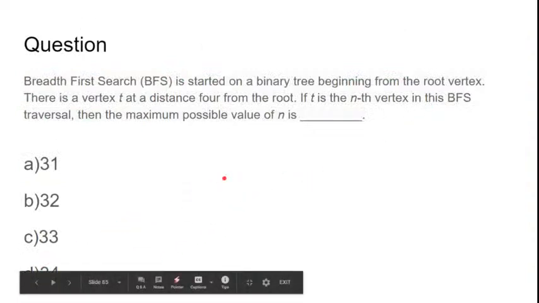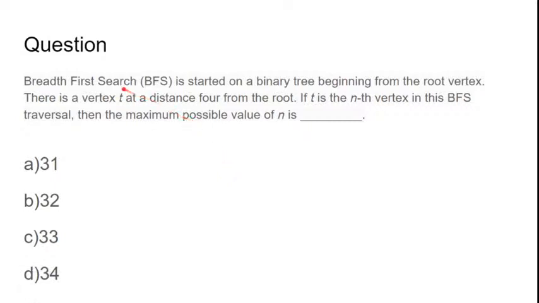Then, breadth first search is started on a binary tree beginning from the root vertex. There is a vertex t at a distance 4 from the root. If t is the nth vertex in this breadth first search traversal, then what is the maximum possible value of n?